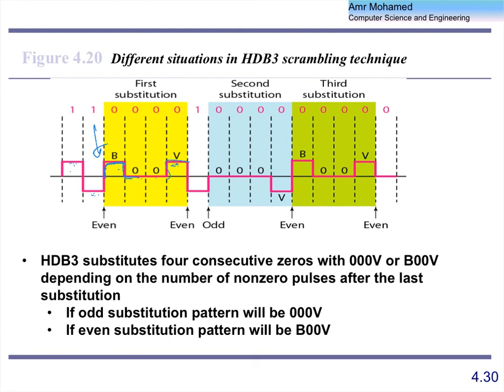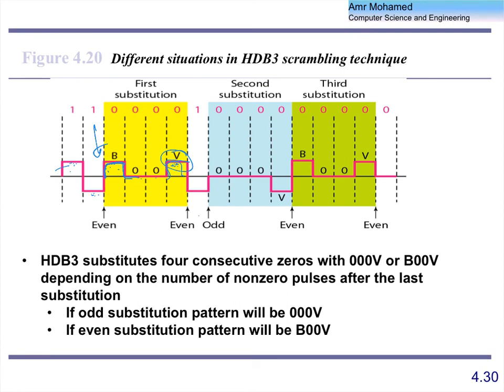So here we can add both of them positive to add one change only, because the number of changes here is already even. So we can add all of them positive. But of course, we have to use the violation in order to inform the receiver that this is scrambling.